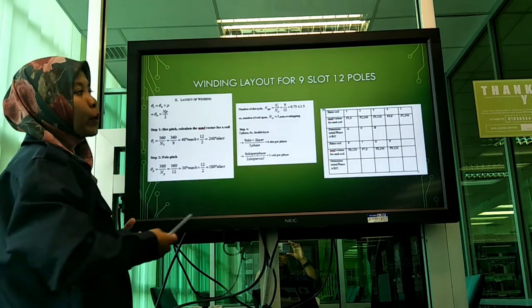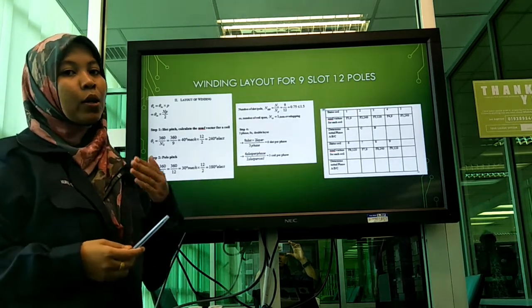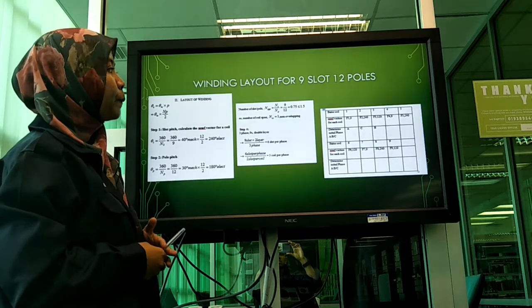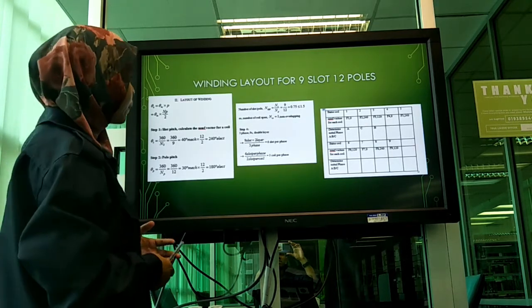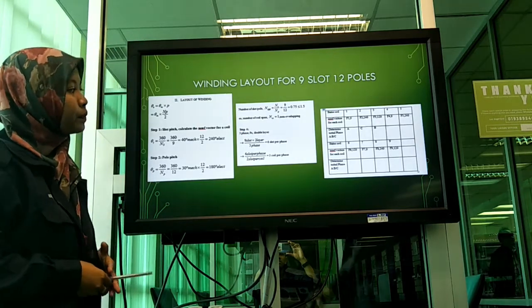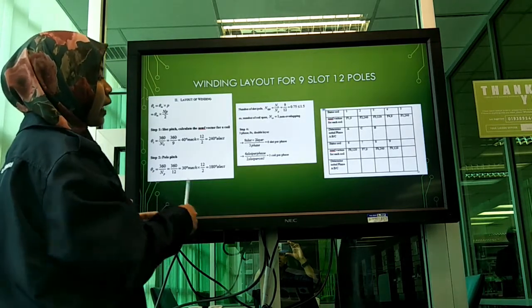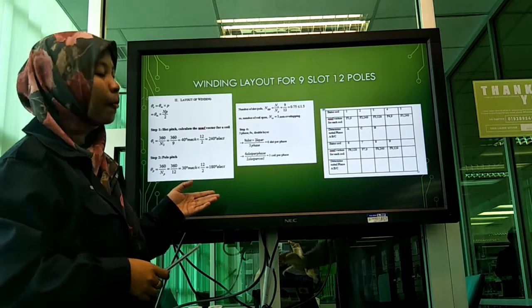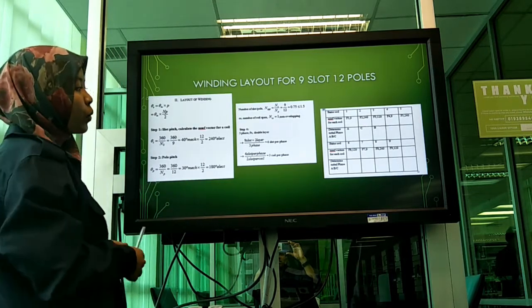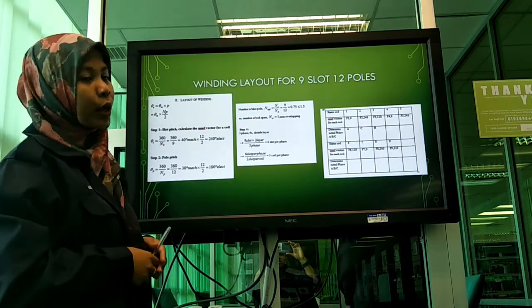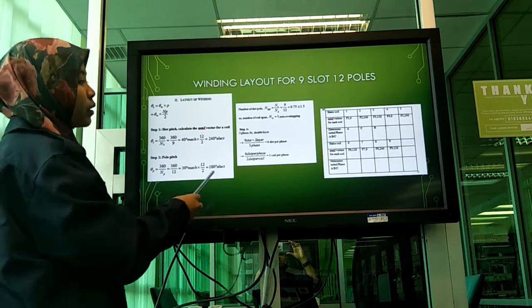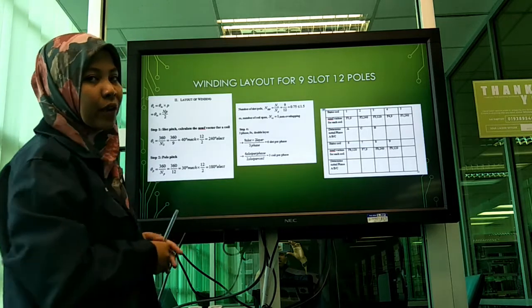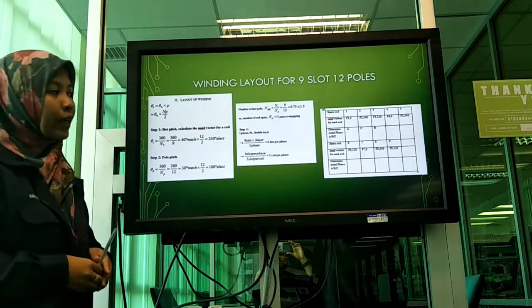We got 0.75, which is below 1.5, so our model is non-overlapping. And for the last step, we can obtain the number of slots and also the number of coils per phase, which is 6 slots per phase and also 3 coils per phase.